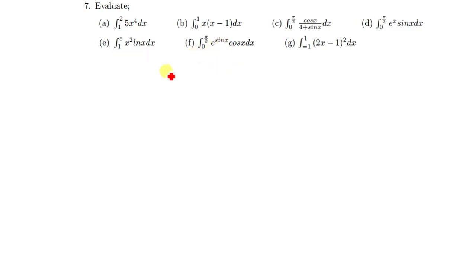So on this one, for me to solve this properly, I'm going to use substitution. And how am I going to do that? I'm going to say let this sine x here be equal to u. Let sine x be equal to u.